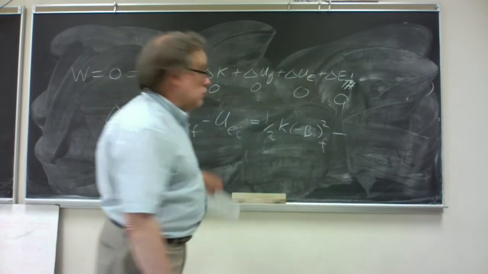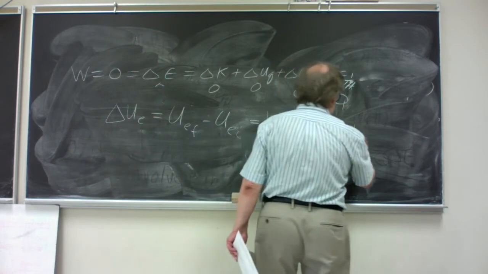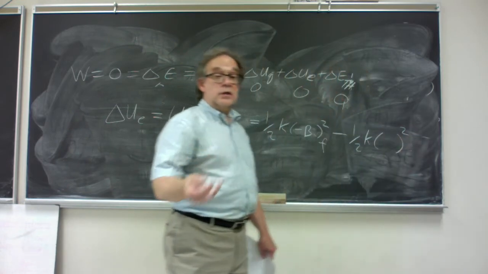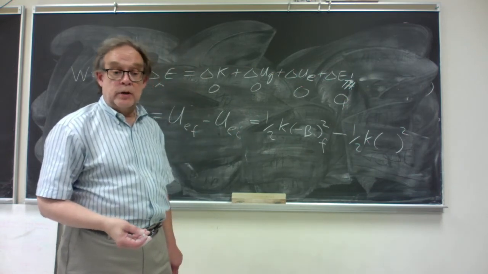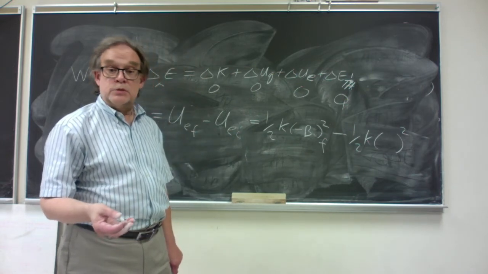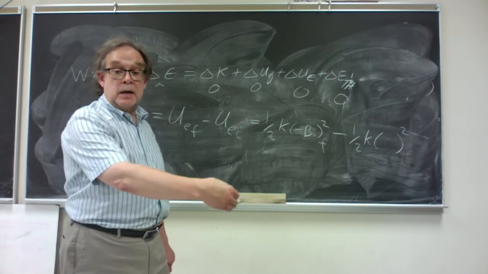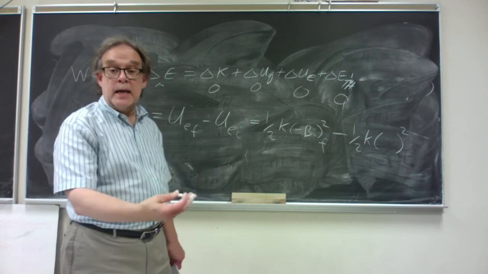And then the initial is 1/2 K times the square of the initial displacement away from equilibrium, and the initial displacement away from equilibrium was plus A. It was on the positive side of equilibrium, A meters away.